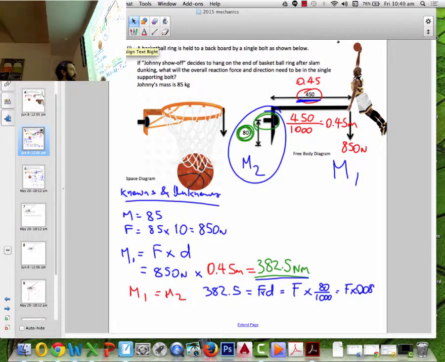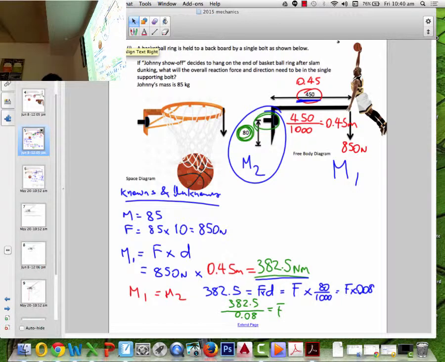Alright, so if I do F equals 382.5 divided by 0.08, that is going to equal our force.